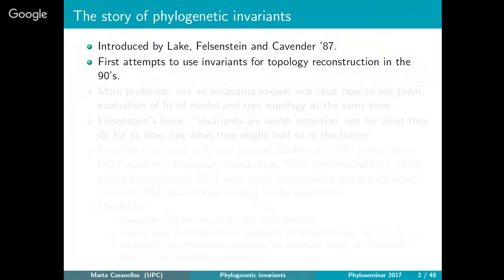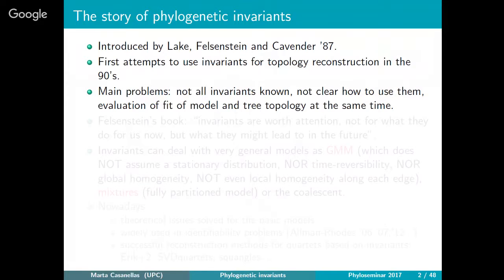The problem is that not all invariants were known at that time. It was also not clear how to use them, and sometimes they were evaluating at the same time the tree topology and the fitness of the model to the data.